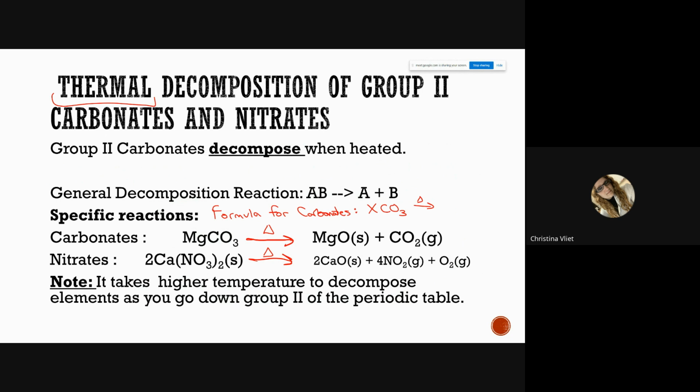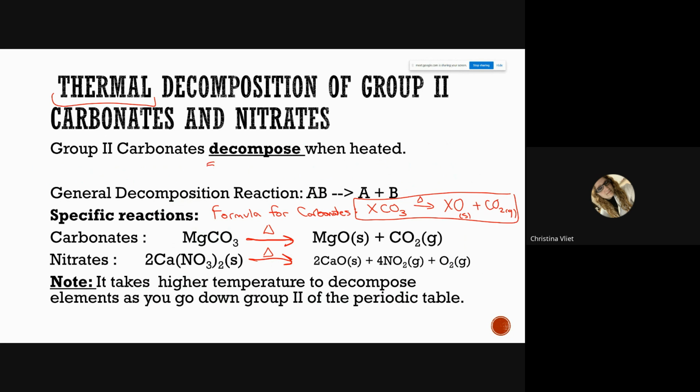Looking at the template for the example reaction I gave you, what is the thermal decomposition of any carbonate? XO, meaning whatever that metal is, and oxygen, plus carbon dioxide. This is the formula for carbonates. You need to memorize it. For nitrates, you also need to memorize the formula because it is slightly different.